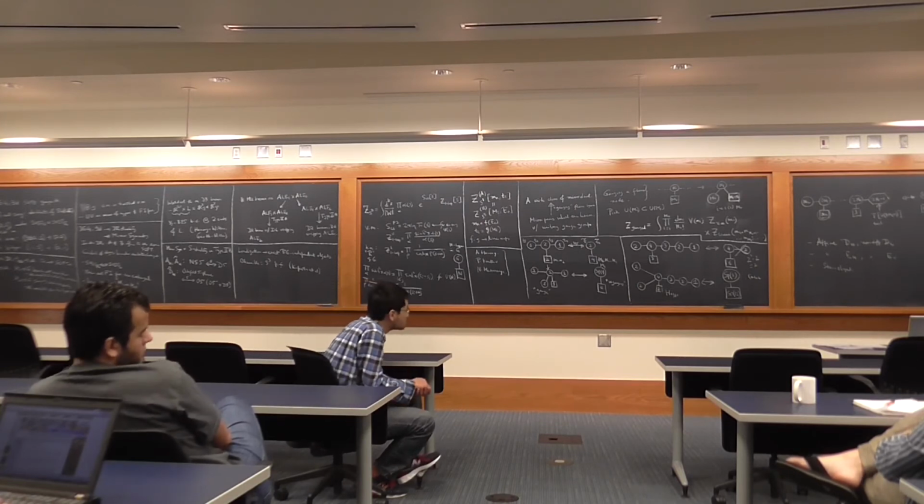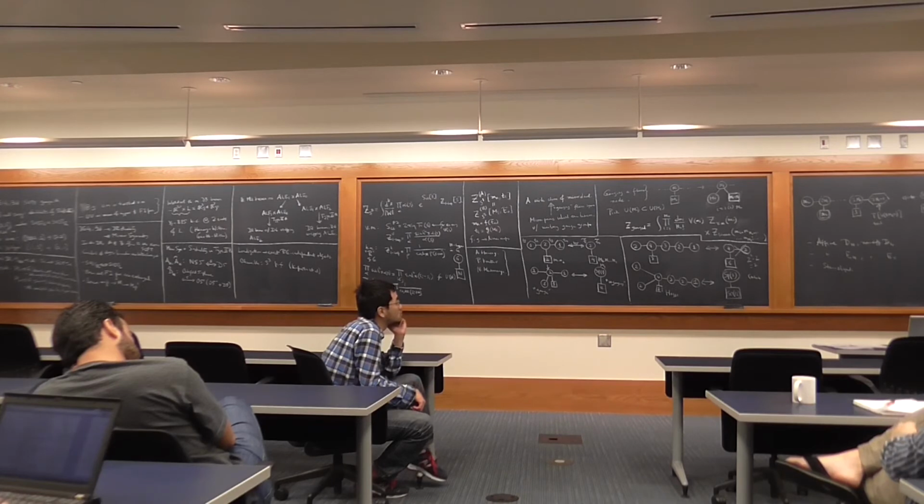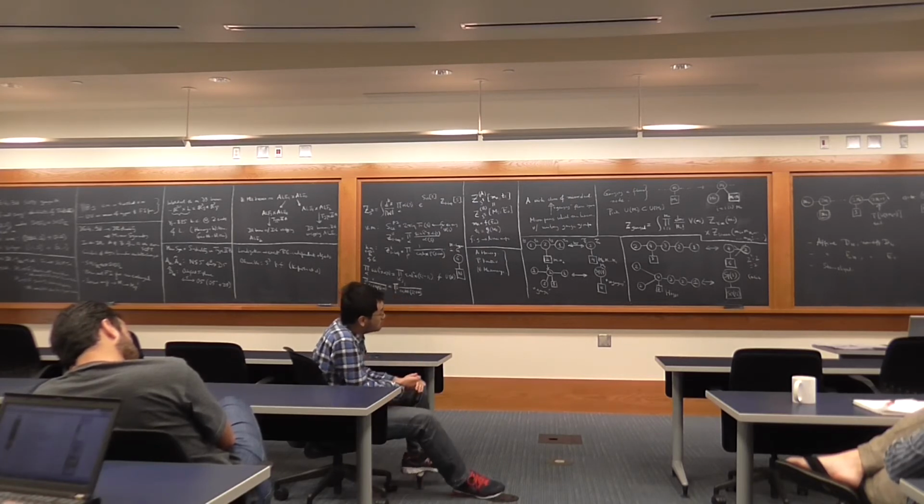So now I'm doing it for a generic D_N hat quiver. You start with this, and this is mirror to this.